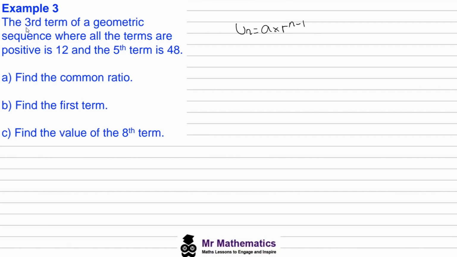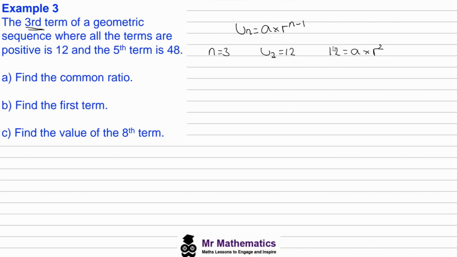And we're told that the 3rd term, so this is when n equals 3, of a geometric sequence is 12. So U3 will equal 12. So we can substitute these two values into here. We get 12 will equal A multiplied by R to the 3 minus 1, which is R squared.